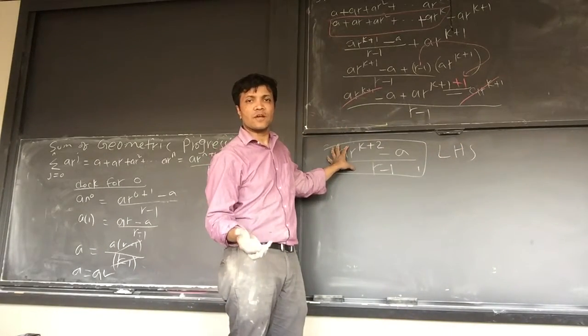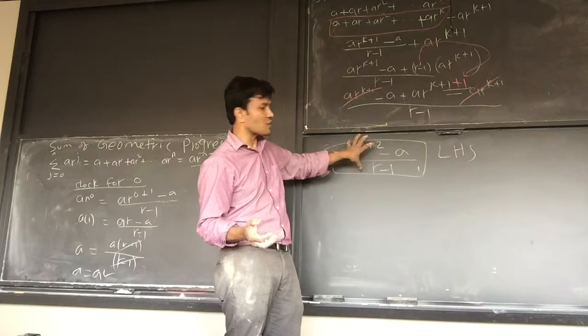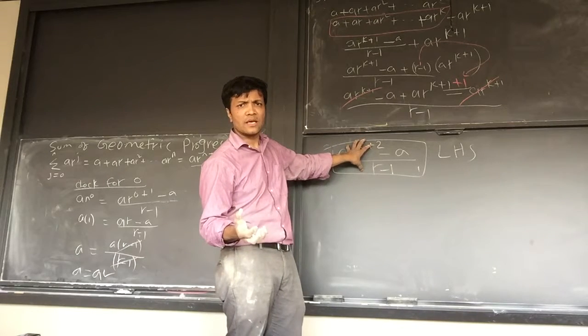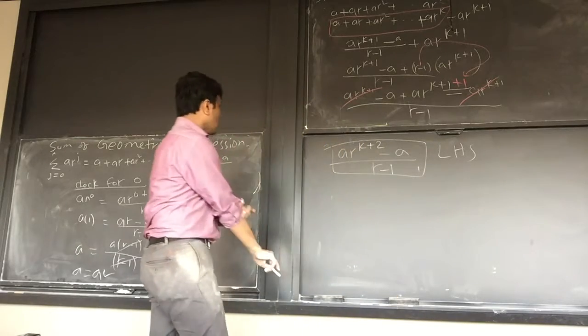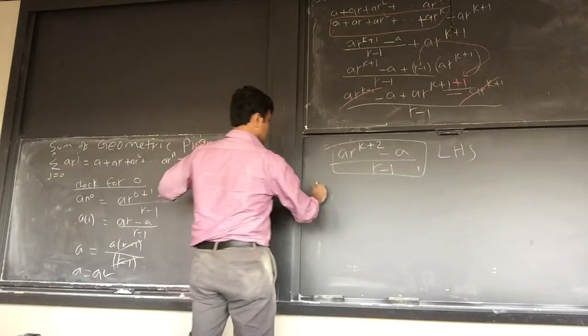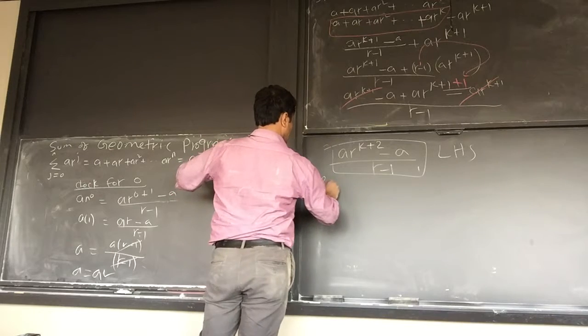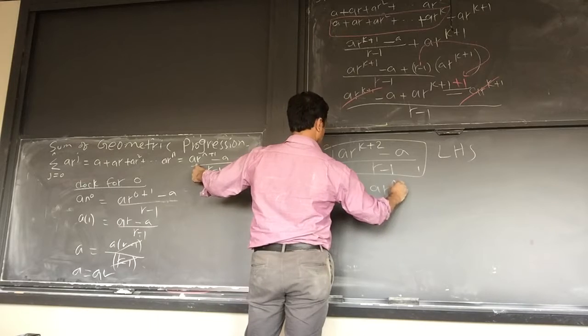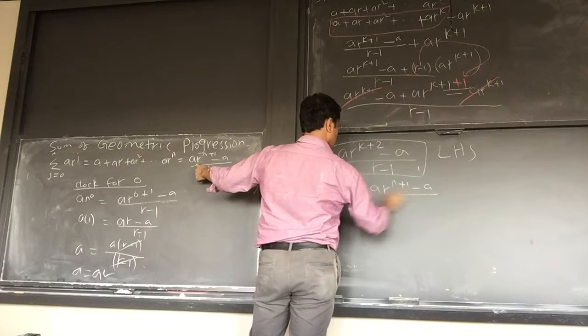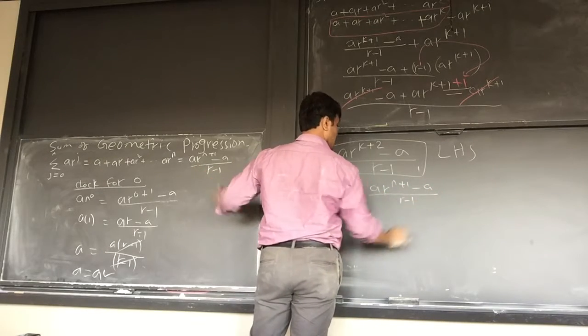Now we're gonna solve it for the right hand side, and if the right hand side is exactly like that, then we're gonna accept it. So the right hand side is (ar^(n+1) minus a) over (r minus 1).